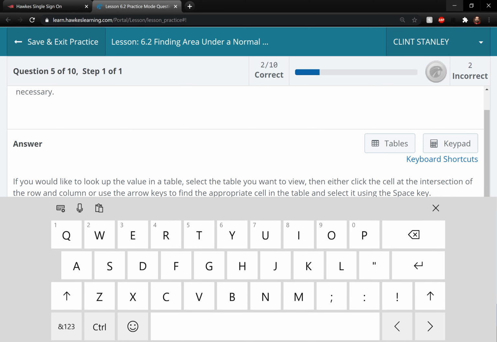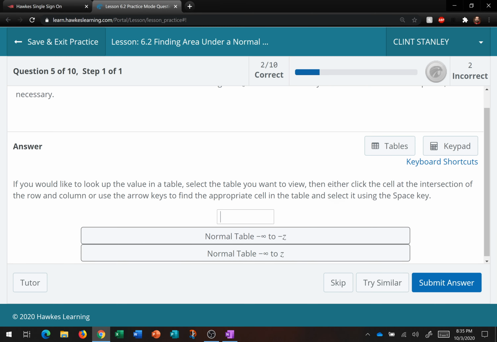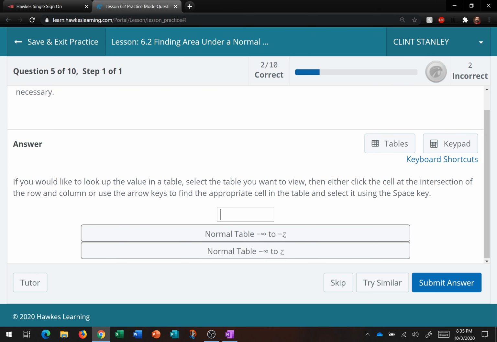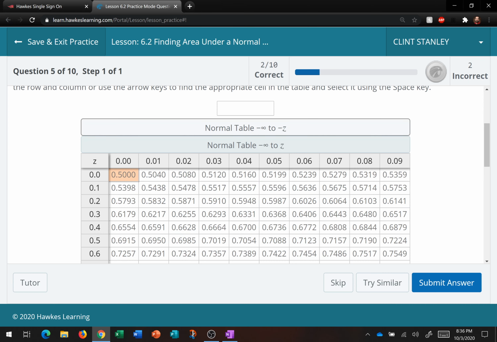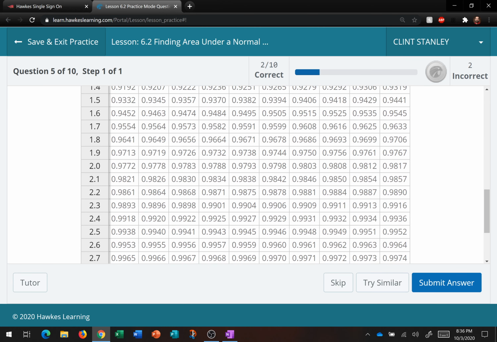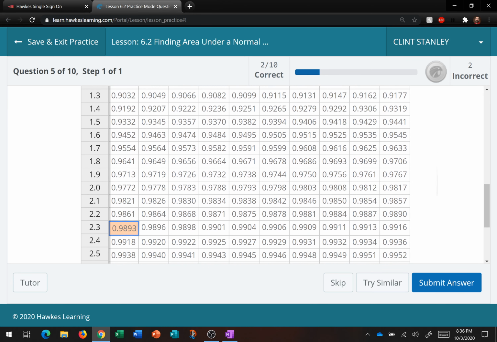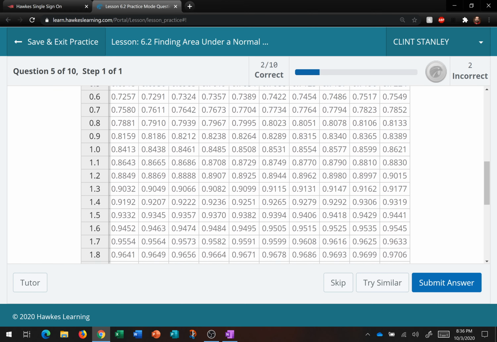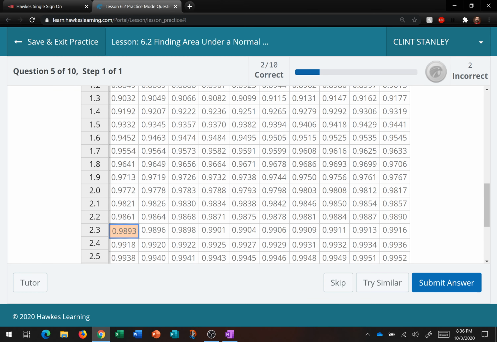All right, let's look at another one. It says find the area to the right of negative 2.37. Well, it gave me negative 2.37, but I want the area to the right. So instead, I'm going to look up positive 2.37. I'll go down to 2.3, that's this row, but I want the 7 column, so that's 3 from the end.